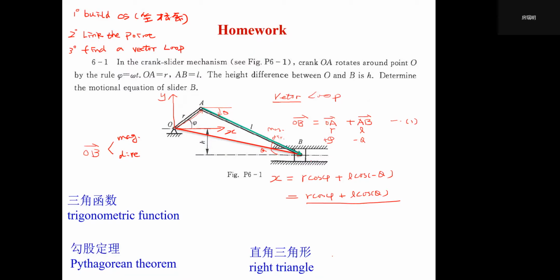So we'll look at the right part of this equal sign. So we have OA plus AB. You guys should always pay attention to the direction of the vector. So we always select the starting line with the positive direction of the x-axis, and the CCW direction will be positive.